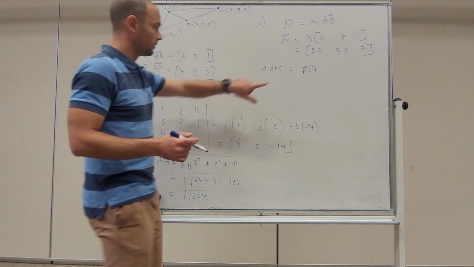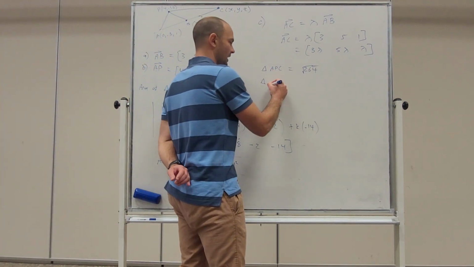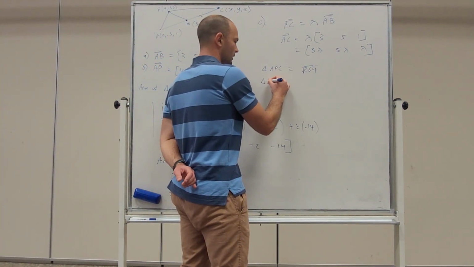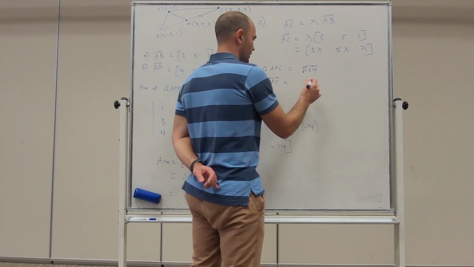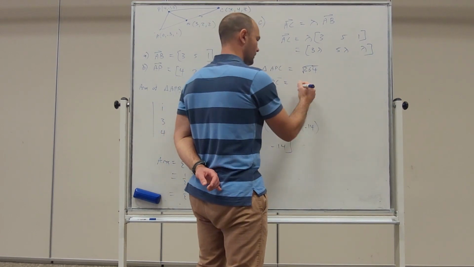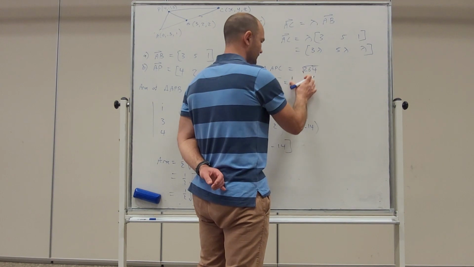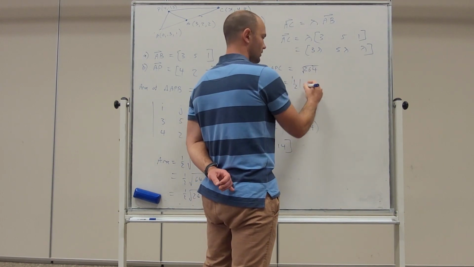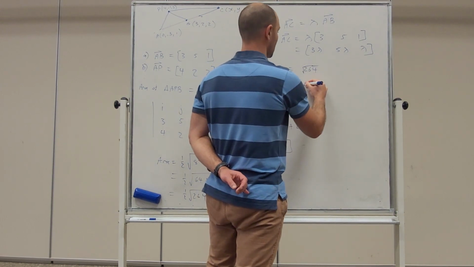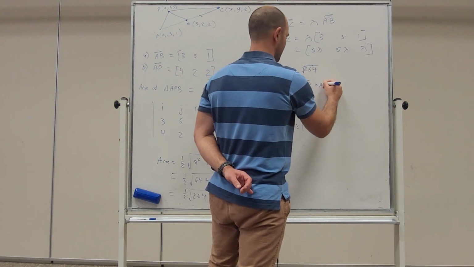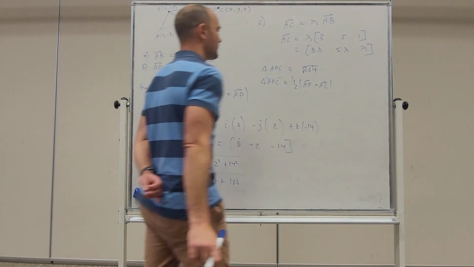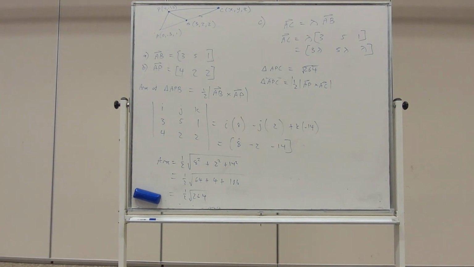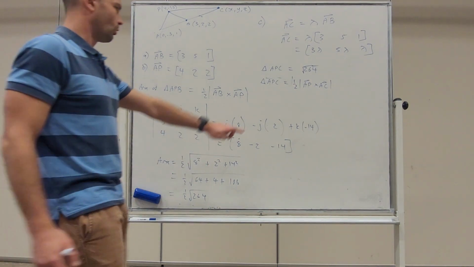We know the area of a triangle is going to be, let's write out the formula for it. Sorry, that's not a vector. The area of a triangle is half the modulus of AP cross AC. Because we're doing the modulus of it, it doesn't matter what order we write these in.